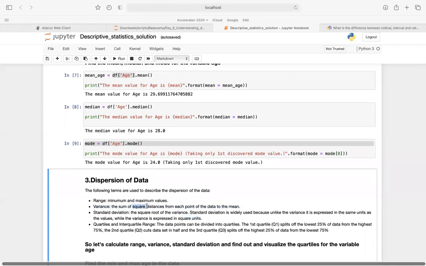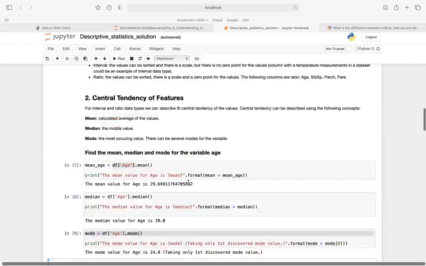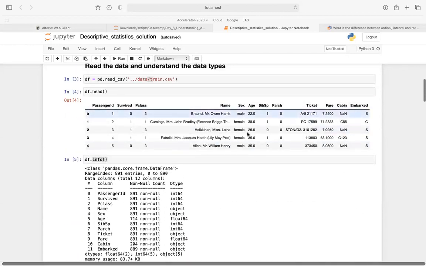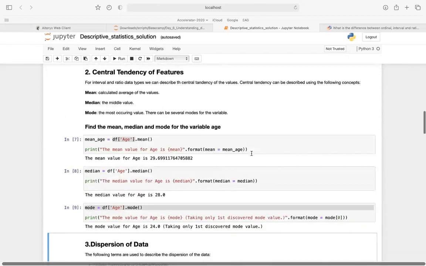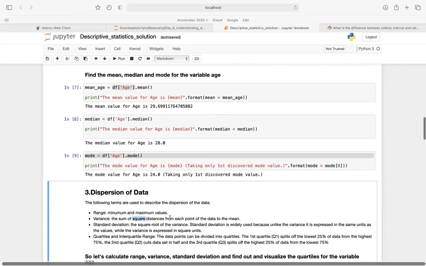So the units in which my individual values are, like the age column, and the value that I would get in the variance would be very different. The scale would be very different because I'm squaring in the variance. However, I need a simple measure which is on the same scale as my normal column. That's why we use the standard deviation.